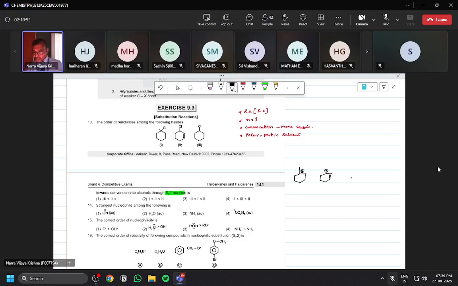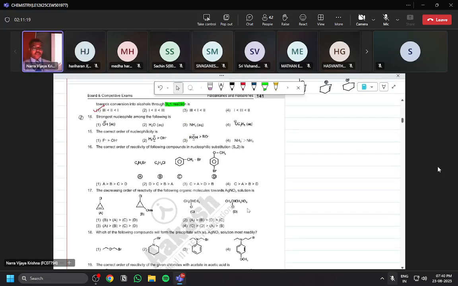Allyl carbocation. Then this one is secondary, which is more stable. Tertiary is more stable than secondary, and allyl more than secondary. So the answer must be 1 greater than 2 greater than 3. First option, 1 greater than 2 greater than 3.